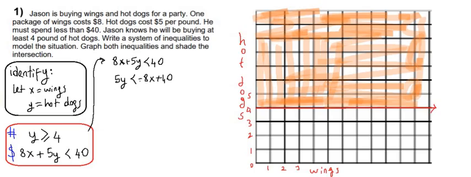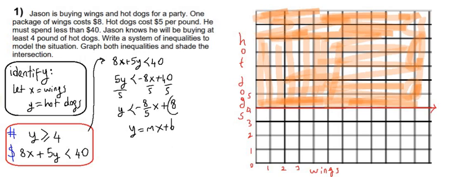And then divide everything by 5. So we have y is less than negative 8 over 5 x plus 40 divided by 5, which is 8. Now we know how to graph y equals mx plus b kind of line.